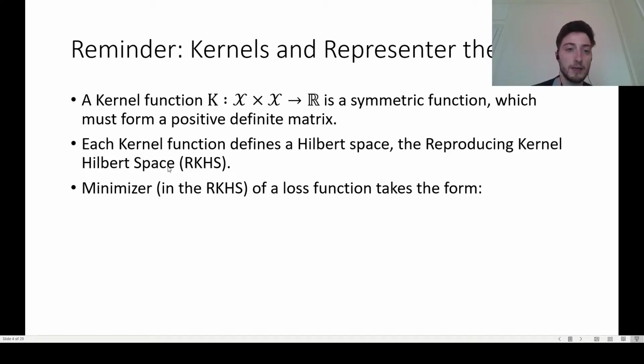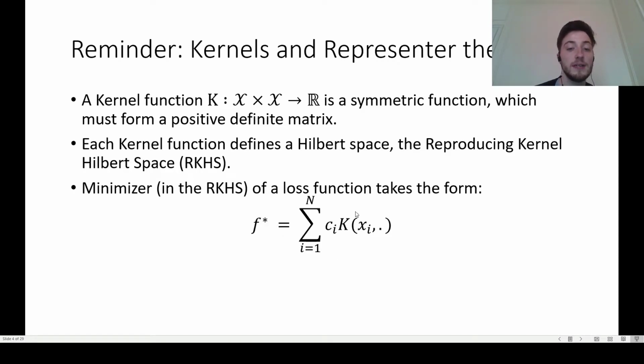The main result in kernel regression, which allows us to solve the regression problem, is called the representer theorem, and it says that the minimizer of a loss function in the RKHS, in the Hilbert space defined by the kernel function, takes the form this.